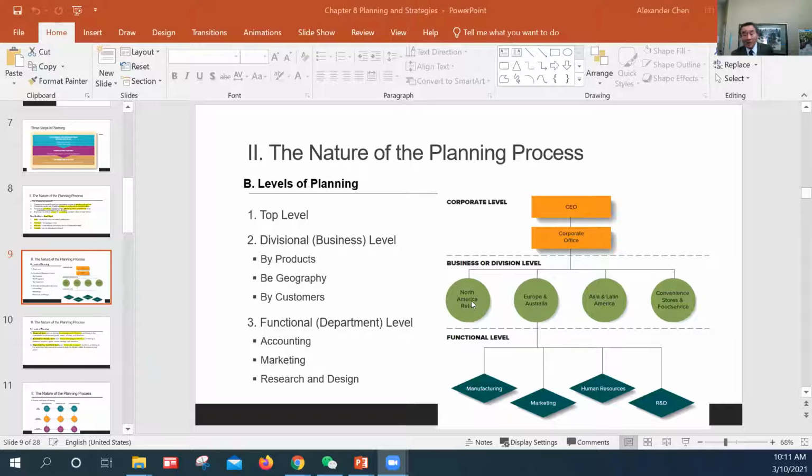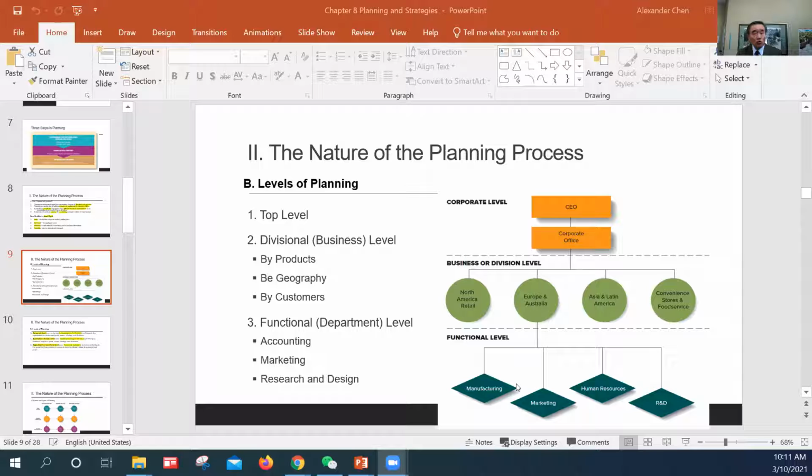Now we are talking about the next level, the functional level. That's this chapter. At the functional level, we are talking about manufacturing, research and development, customer service. So we are focusing on competitive advantage.